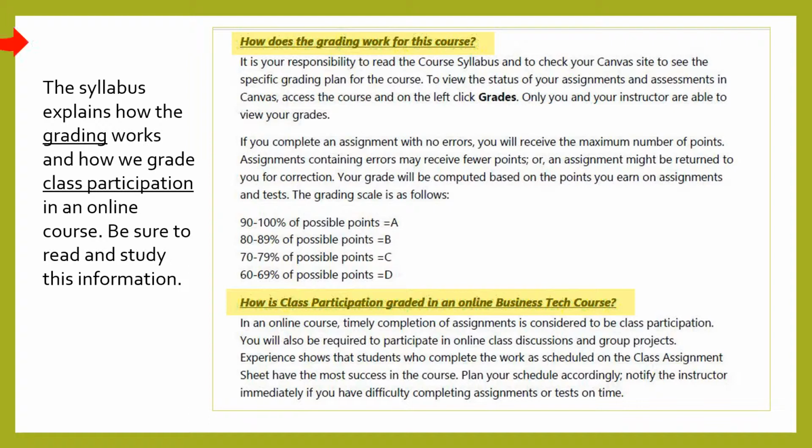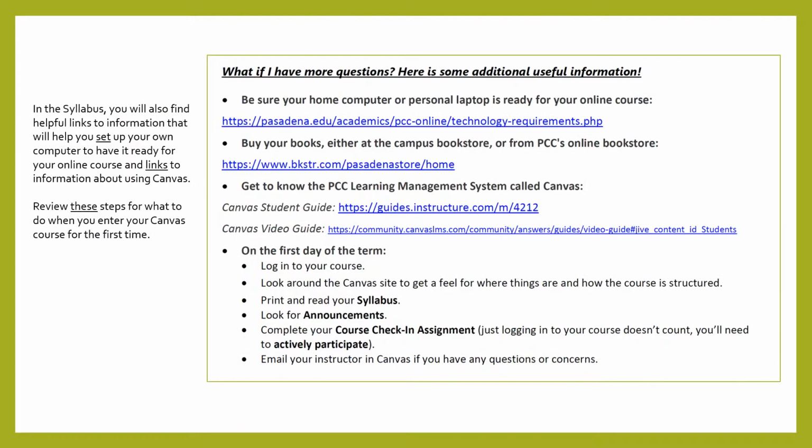The syllabus explains how the grading works and how we grade class participation in an online course. Be sure to read and study this information. In the syllabus, you will also find helpful links to information that will help you set up your own computer to have it ready for your online course, and links to information about using Canvas. Also, review these steps for what to do when you enter your Canvas course for the first time.